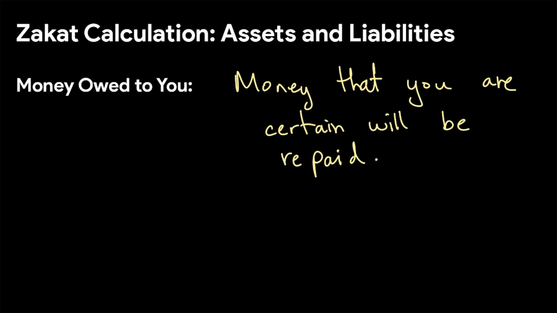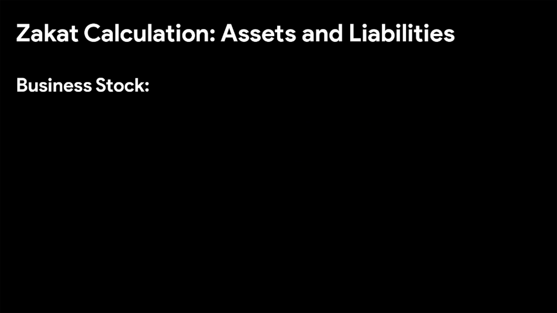However, if the debt is doubtful or unlikely to be repaid, you do not need to count it. So if the debtor repays in the future, you can then pay zakat on it at that time. But if at the current moment it's doubtful that they will pay you back, you don't include that money in your assets.